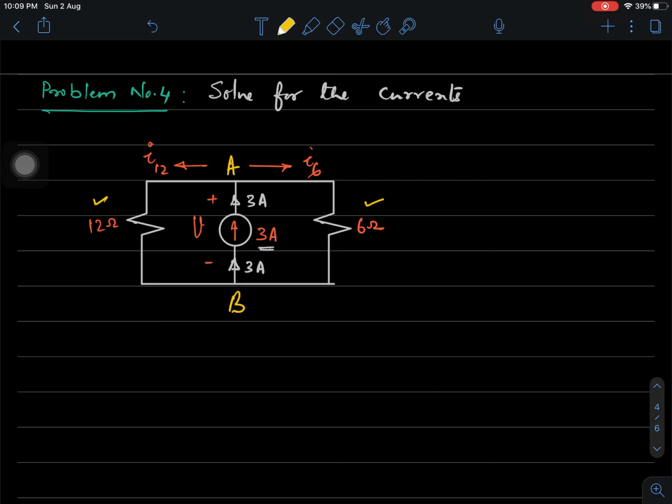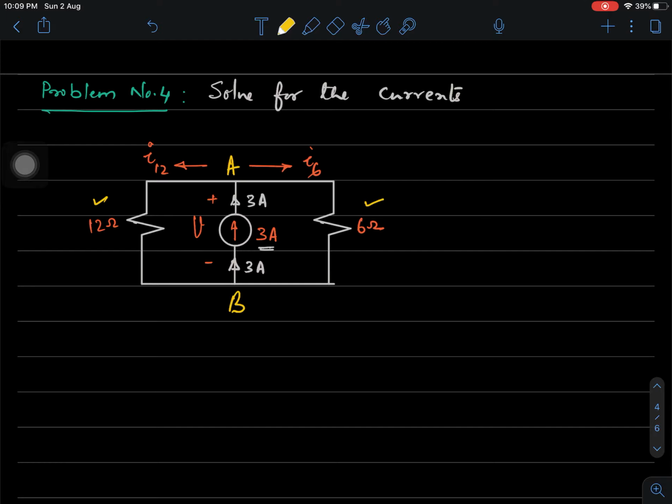So, it is very clear that 12 ohms and 6 ohms are in parallel, and this 3 ampere current divides proportionately between the 2 resistances, that is 12 and 6. Through 6 ohms more current flows, through 12 ohms lesser current flows because of the opposition.